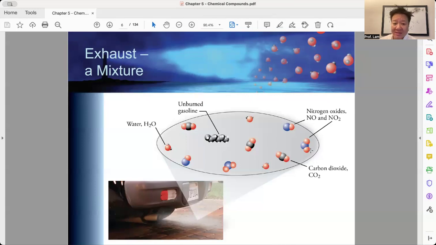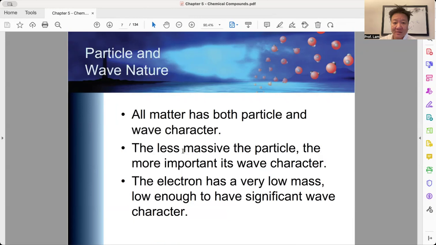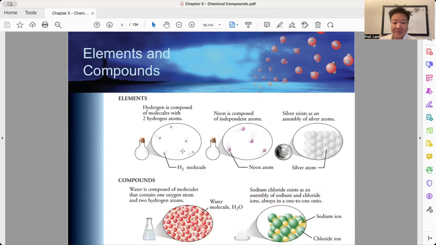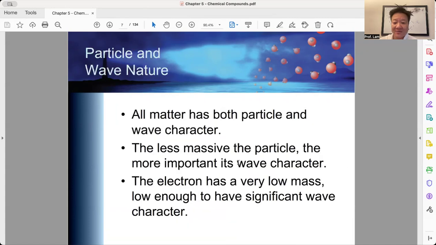So you have a bunch of gases in there, unburned gasoline as well, as well as water vapor. So this is a mixture. That's how we classify different things, so just remember this flow chart as you ask those questions to classify matter.